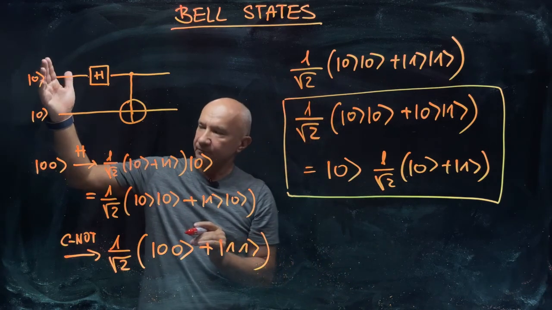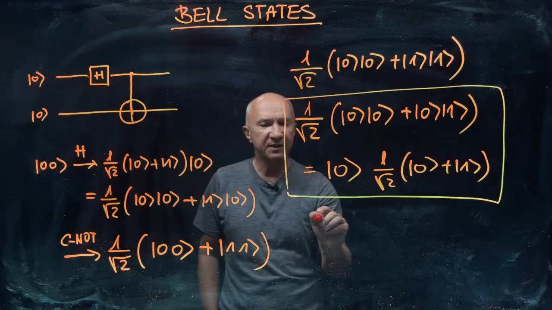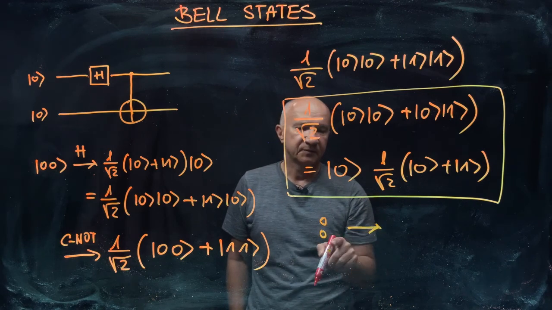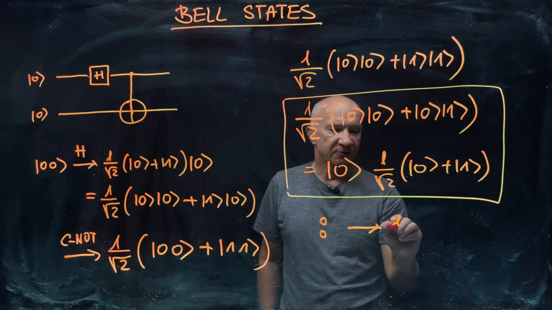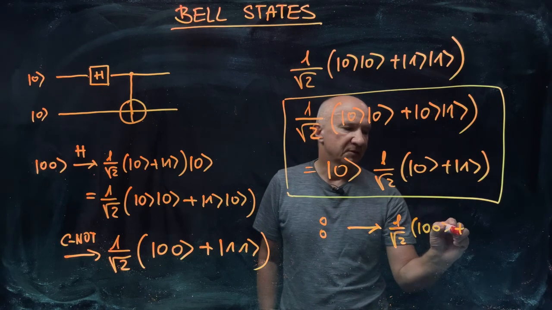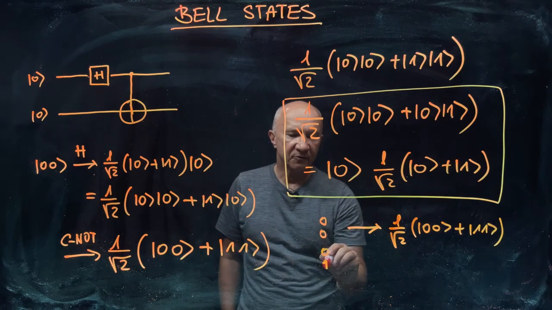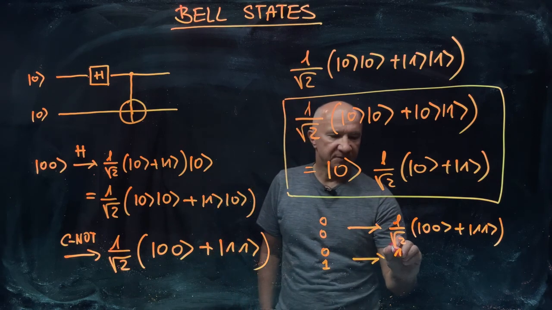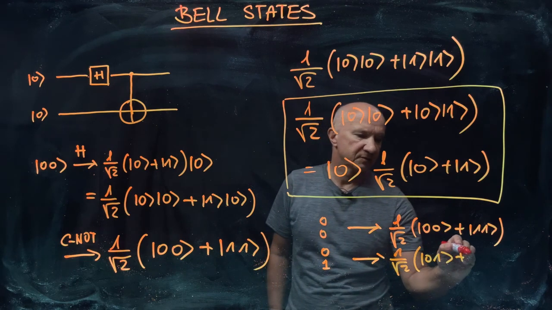Another thing you can do is try different inputs for this circuit. Input 0, 0, where this is the bit value of the control and then the bit value of the target, generated the state 1 over square root of 2, 0, 0 plus 1, 1. If you take input 0, 1, then you will generate the state 1 over square root of 2, 0, 1 plus 1, 0.